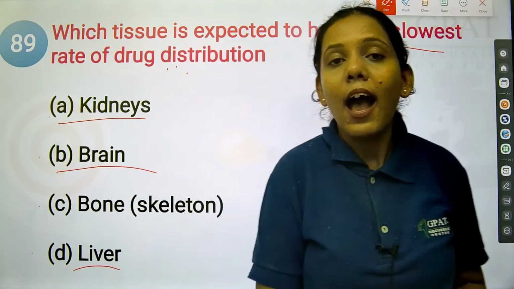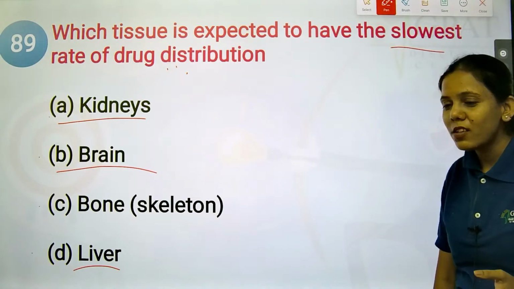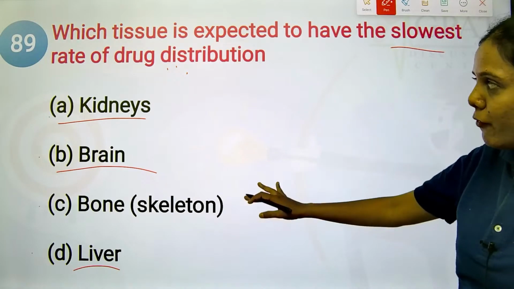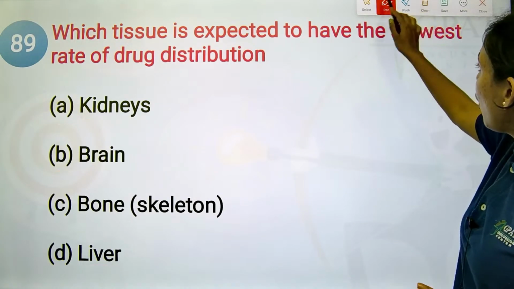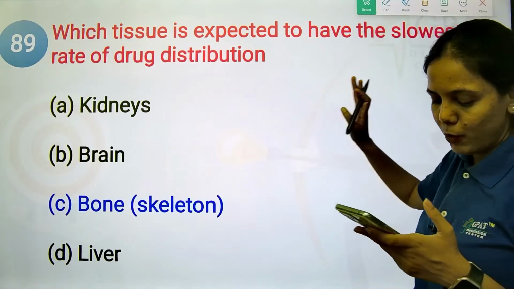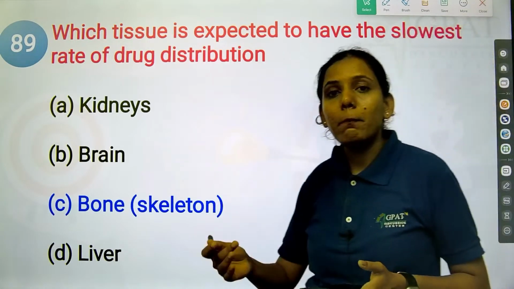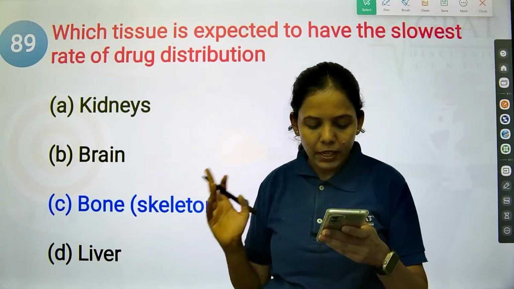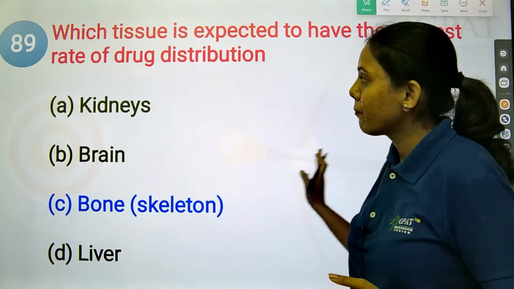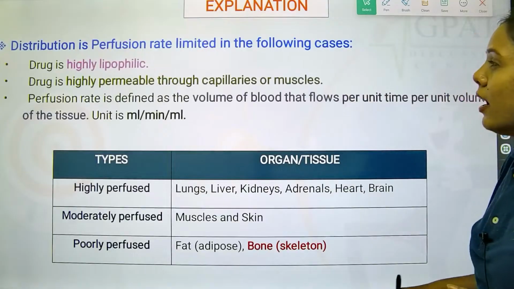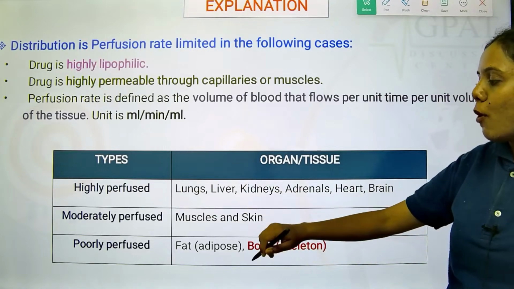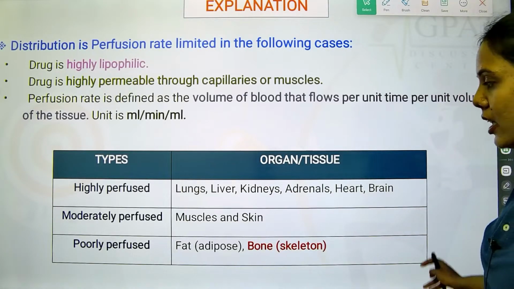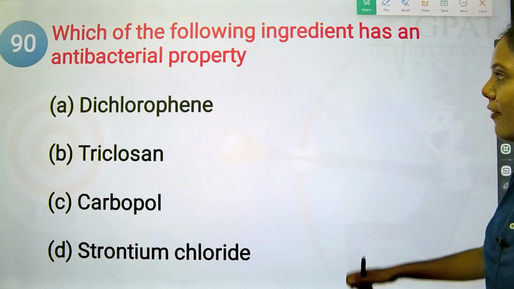Bones or skeleton are less perfused, so they will have the slowest rate of drug distribution. Not brain, brain is highly perfused. It is bone. So you can see highly perfused, moderately perfused are skin and muscles, and poorly perfused are the fats.